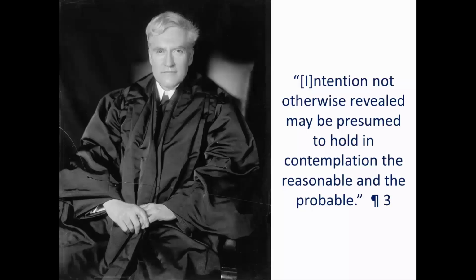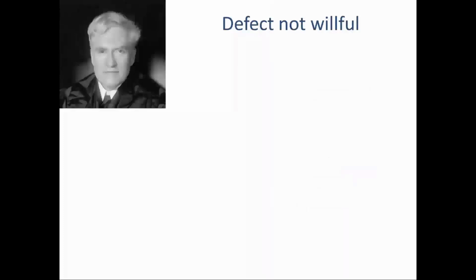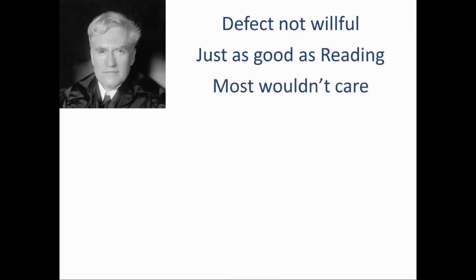Cardozo reasons that the builder's use of non-Reading pipe was not willful. The other pipe is just as good as the Reading pipe, and most reasonable people wouldn't care which pipe was used. Thus, the defect in this case is both innocent and trivial.